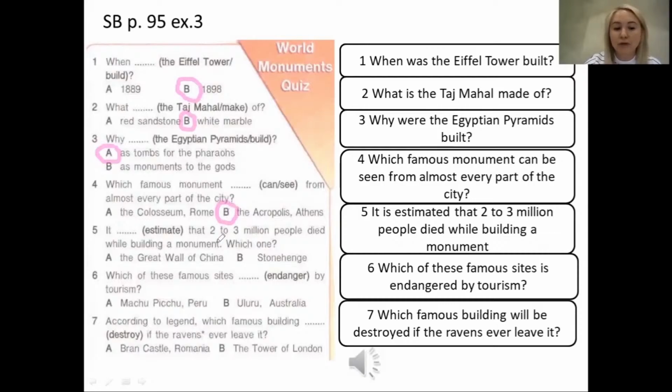In question number 5, A is the correct answer. In question number 6, it is also A. And in the last one, it's B.